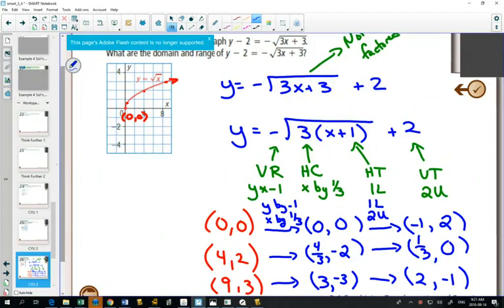So if I go to sketch the graph here, I'll sketch it on a separate grid off to the side. I have negative 1, comma 2. I have 1/3, comma 0. For 1/3, you're just going to estimate approximately between 0 and 1 where 1/3 would be. And I have 2, negative 1.